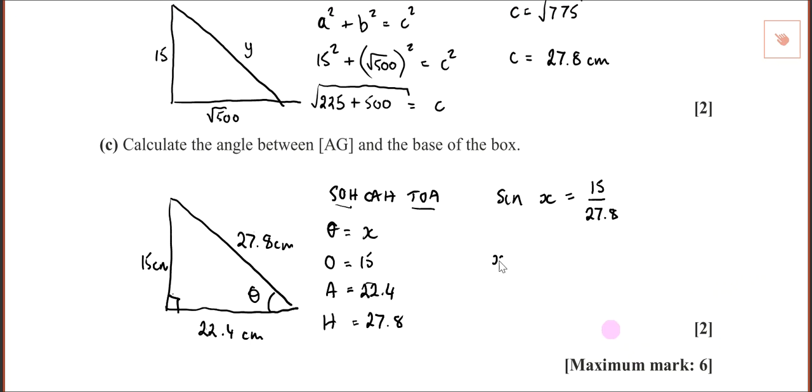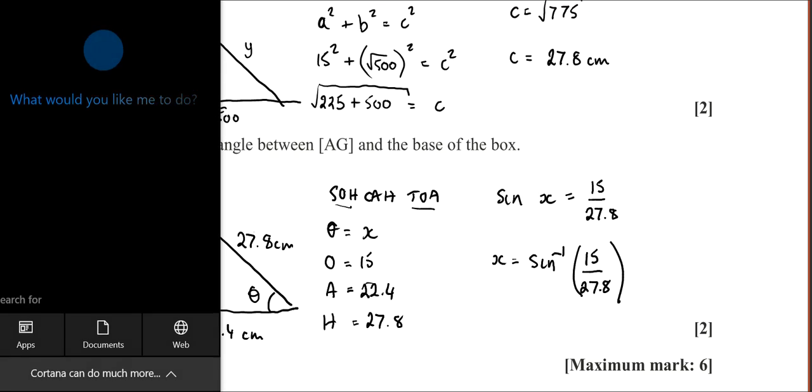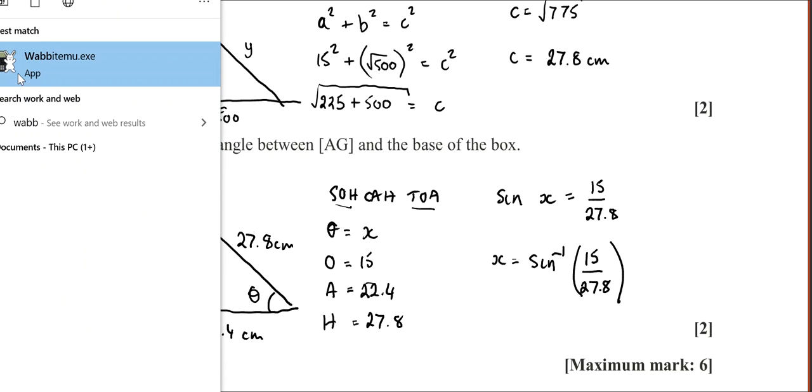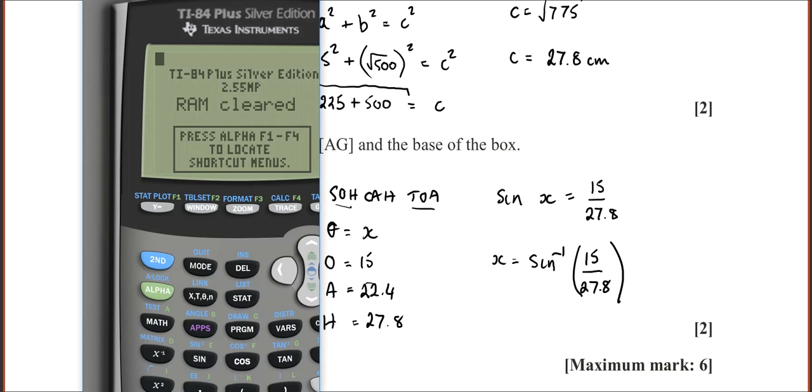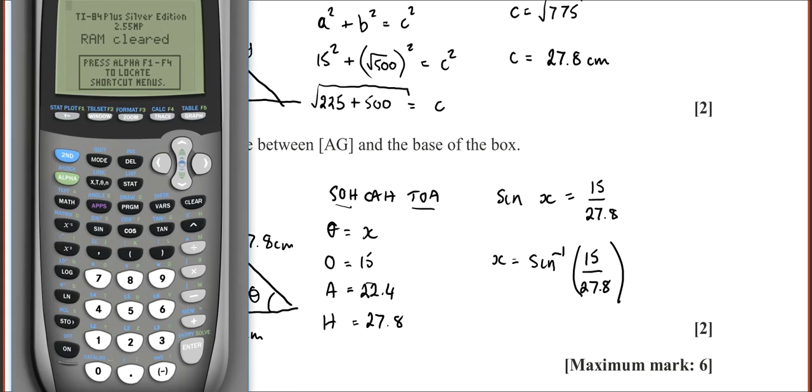And so x would be, how do you get from this point to know what the angle would be? We do the inverse sine, if you remember, of 15 divided by 27.8. So on your calculator, hopefully you're good with this now.